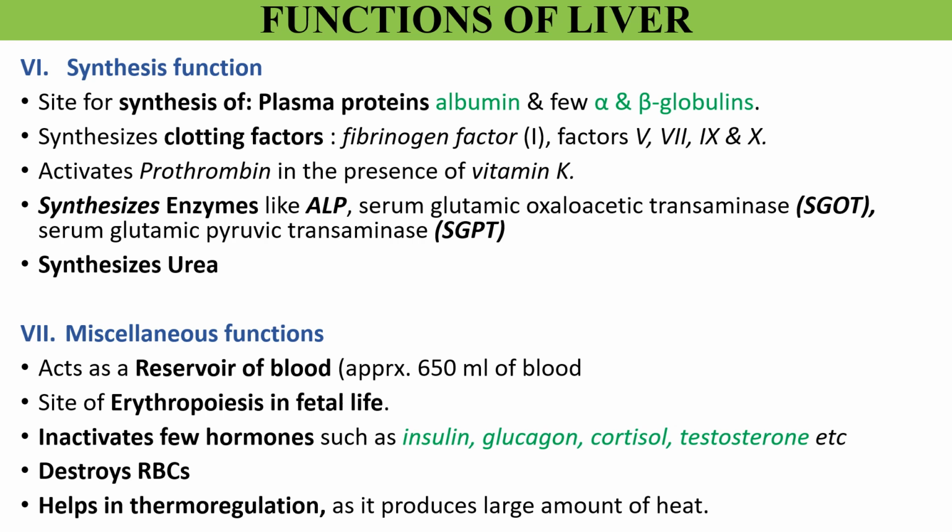Other miscellaneous functions are: the liver acts as a reservoir of blood and stores approximately 650 ml of blood. The liver is the site of destruction of RBCs and it helps in the inactivation of some hormones like insulin, glucagon, cortisol, etc. The liver also helps in temperature regulation of the body.